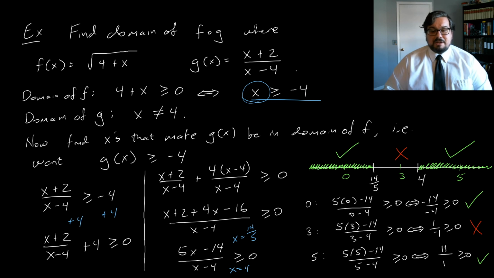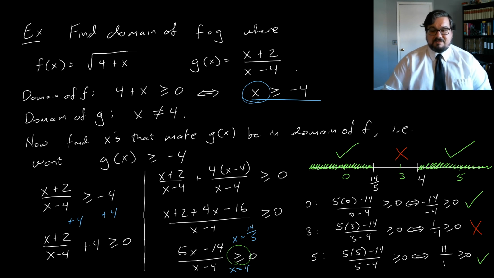Now we do need to make sure that we keep track of, for each one of these endpoints, whether they're included or not. First of all, notice that we're looking for a greater than or equal to, so the endpoints might be included. If we were looking for a greater than, then the endpoints would not be included ever. In this case, the 14/5 came from the numerator.